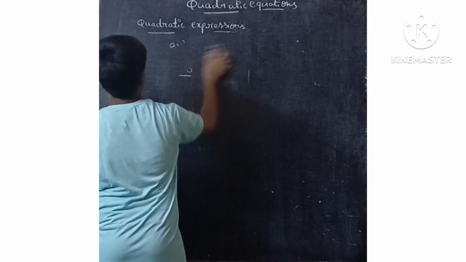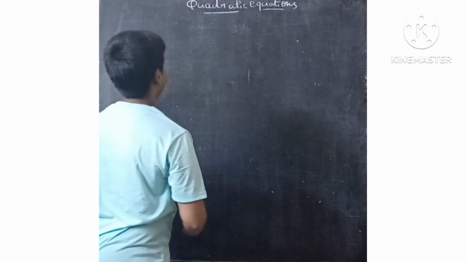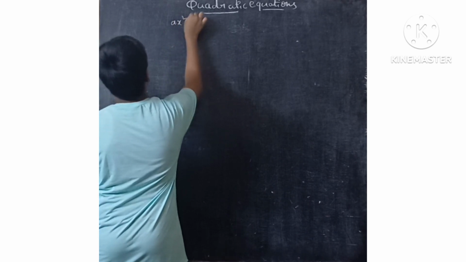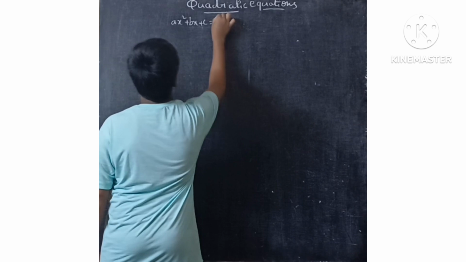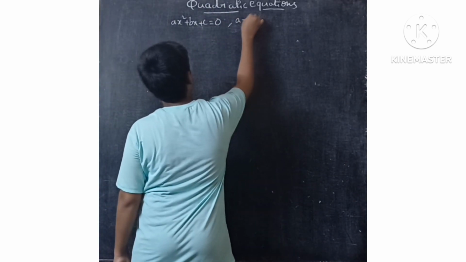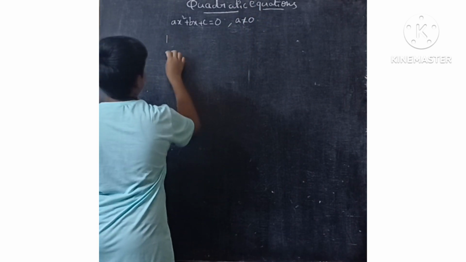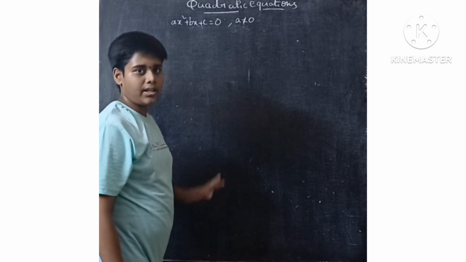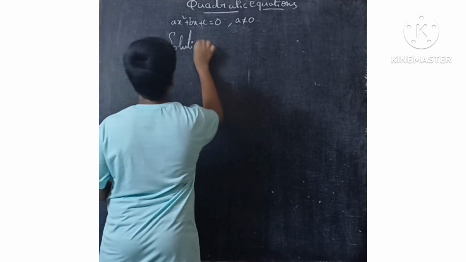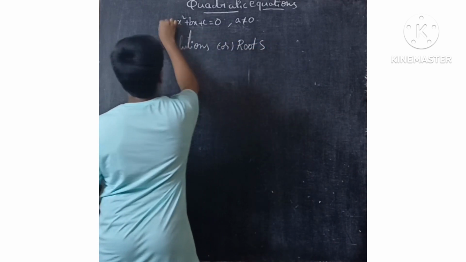Next one, quadratic equation. A quadratic expression which equals 0 is a quadratic equation, which means ax square plus bx plus c equal to 0. Okay, so this is a quadratic equation, and here a is not equal to 0, and here the zeros are nothing but, in a quadratic equation, solutions or roots.